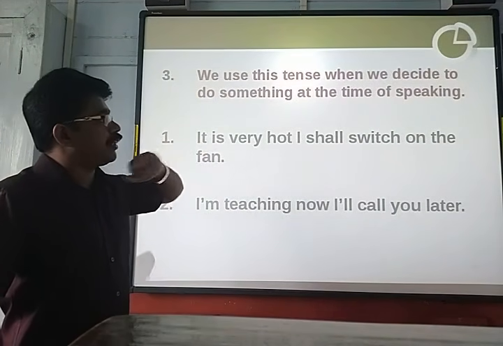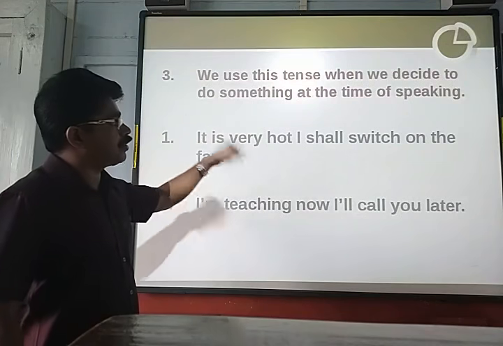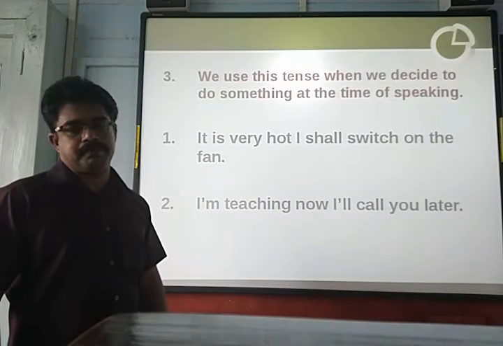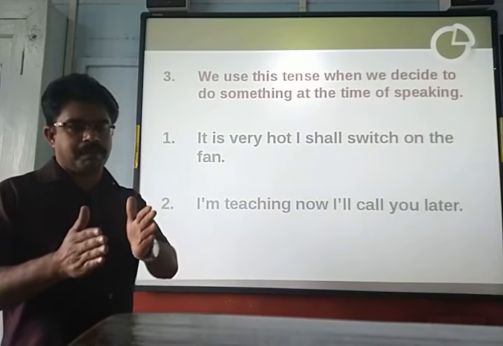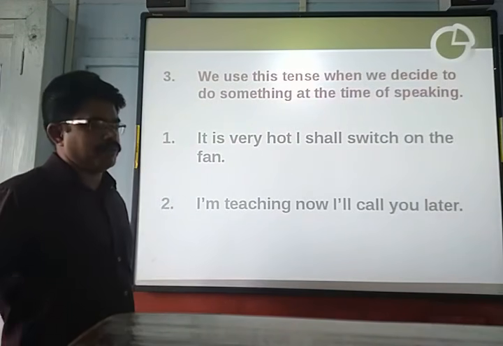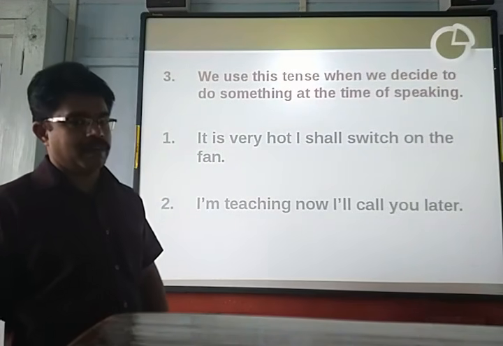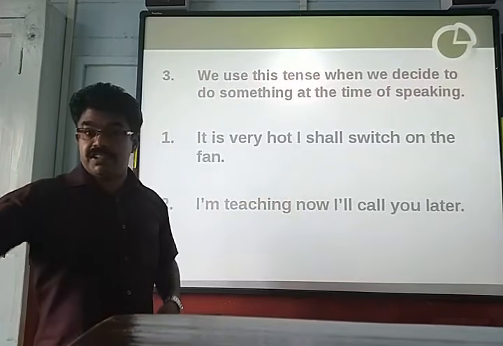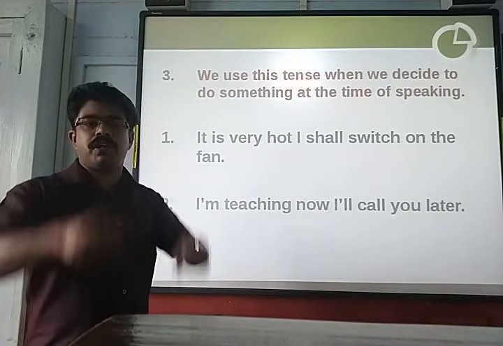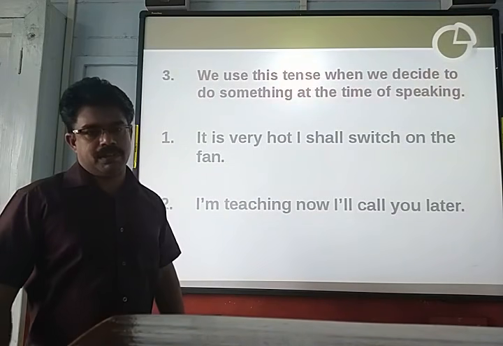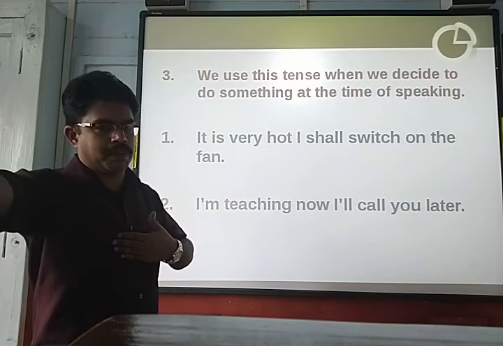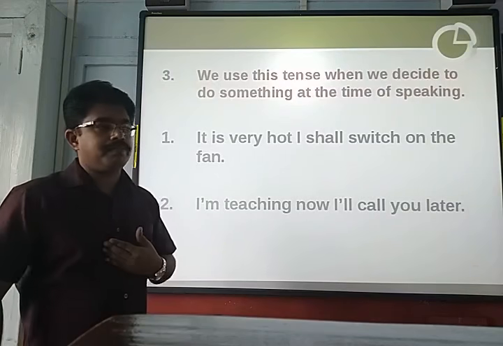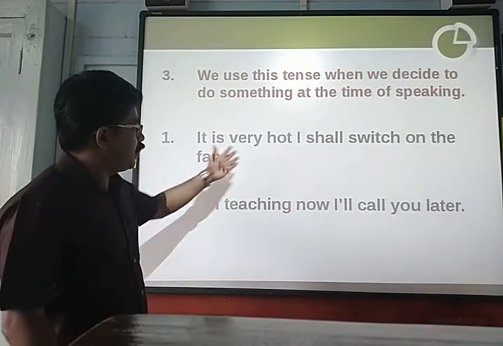We use this tense when we decide to do something at the time of speaking. We are speaking something, even though we said future. At this moment, assuming certain things, seeing certain things, we jump into a conclusion. I will do like this. It is like this, therefore I will do this. Let's say, it's very hot now. It is very hot.